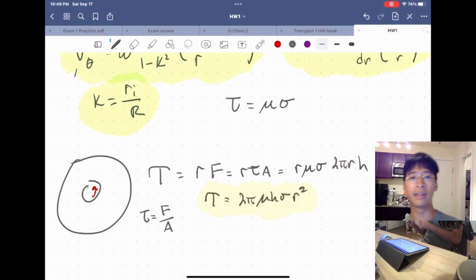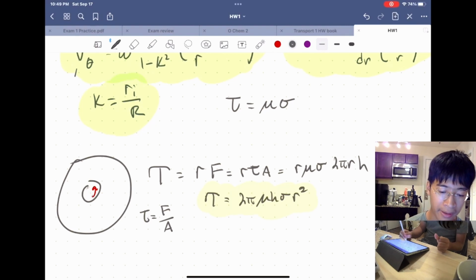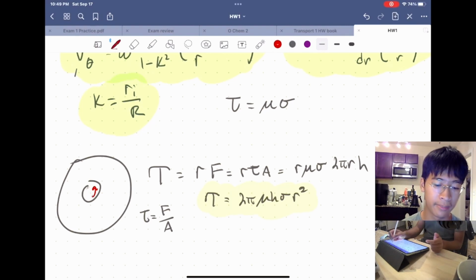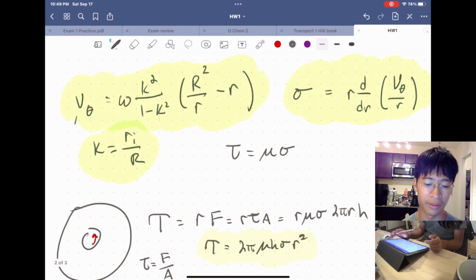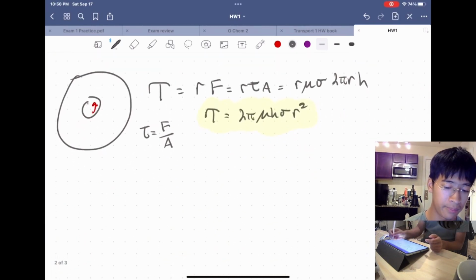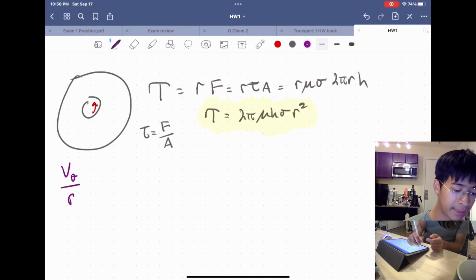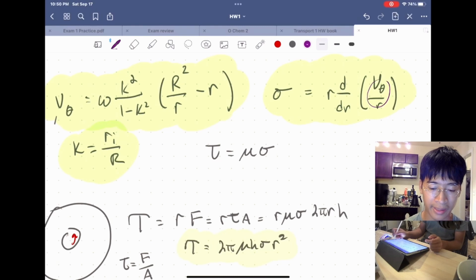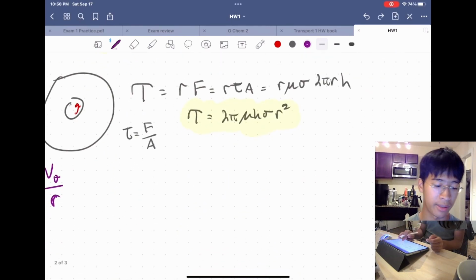Let's start analyzing the torque at the inner radius. So we first have to find shear rate at the inner radius, okay? And let's look at our expression for shear rate. So velocity profile, shear rate, let's do this in purple. Shear rate over R. So let's slowly build from inside out. Our expression for shear rate.